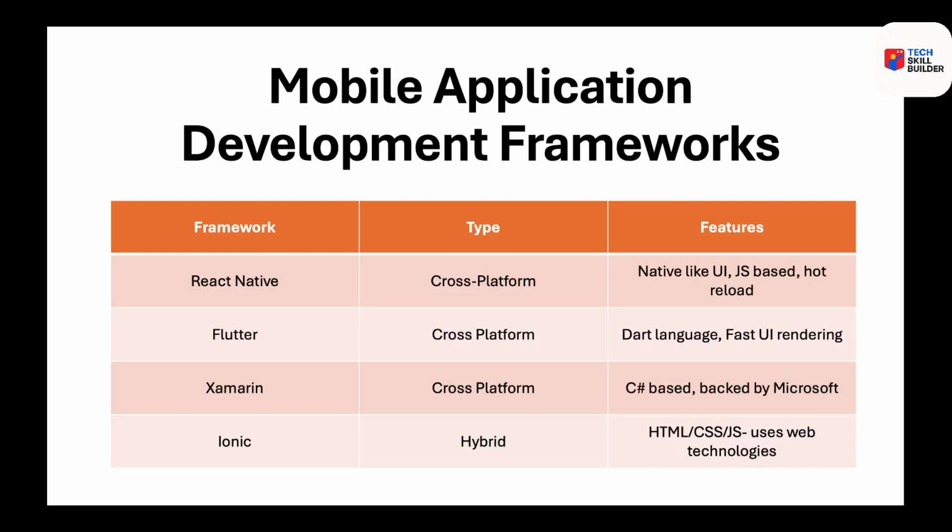Xamarin is cross-platform, and Ionic is hybrid. As for features, React Native has native-like UI, is JS based, and has hot reload. Flutter uses the Dart language and fast UI rendering. Xamarin is cross-platform, C# based, and backed by Microsoft. Ionic is a hybrid type framework, and it uses HTML, CSS, and JavaScript.